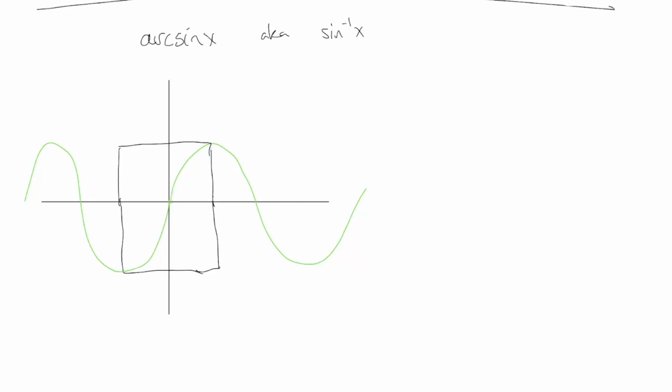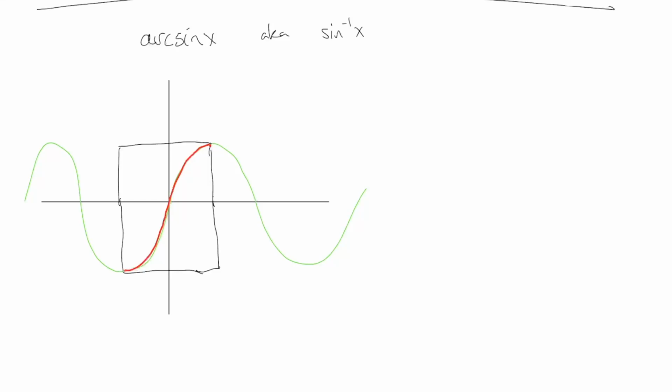Because if you stretch that box any further out to the right, then it's not going to be one-to-one anymore, because these values will come back down and you're not allowed to have that. So this is the portion. I will make it a little thick. All right. Just that part is where we can find the inverse of this function.